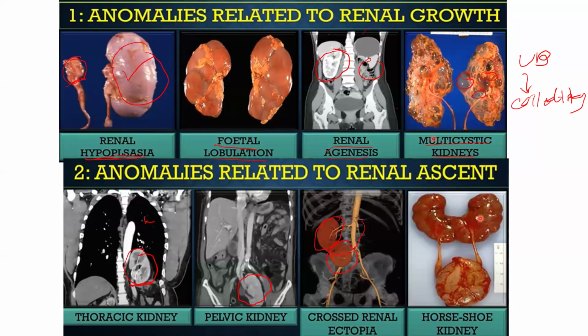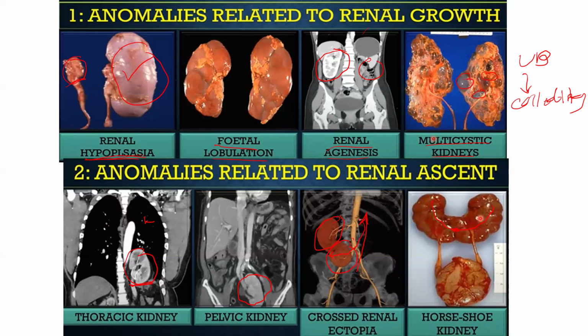So you have what is known as crossed renal ectopia. And this one is a horseshoe kidney because the lower poles of these two kidneys decide to fuse. In most cases, horseshoe kidneys are found within the pelvis because they cannot ascend. The reason they cannot ascend to the definitive location is because of the inferior mesenteric artery.